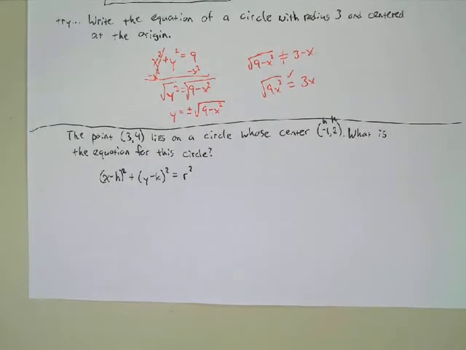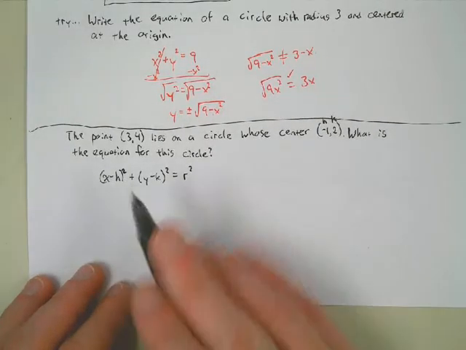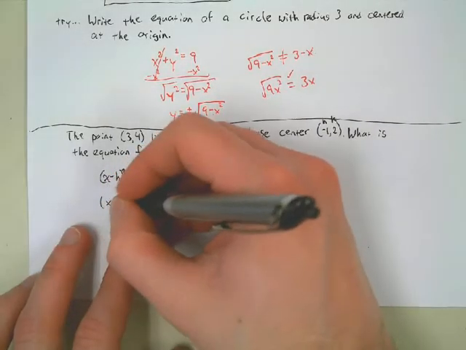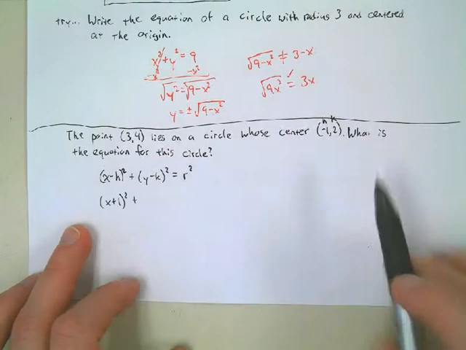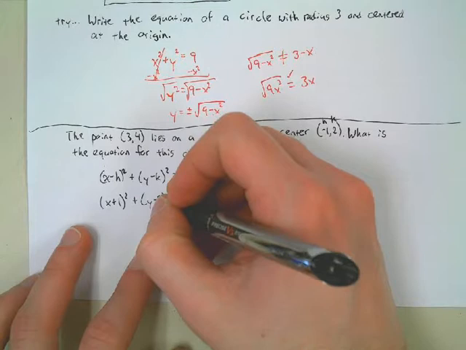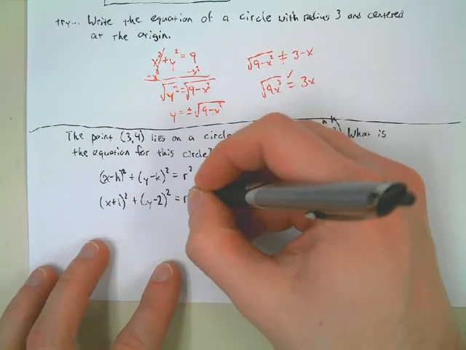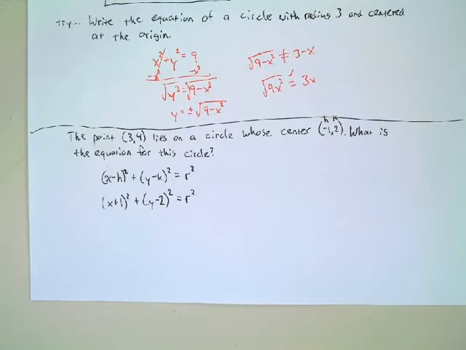So we'll plug that -1 in for h, so it'll be x minus a -1, which is really then x plus 1. And then k is 2, so y minus 2, quantity squared. But then we're not told what the radius is, so we're kind of stuck right now. We have the center, but we still got to figure out what that radius is.